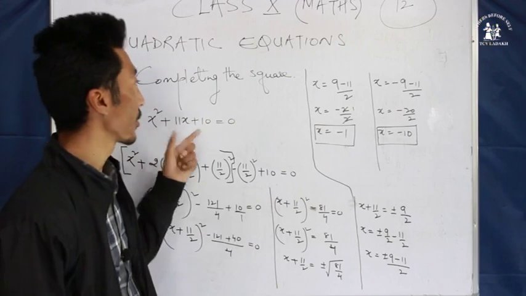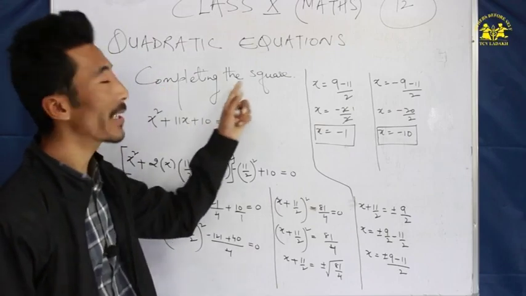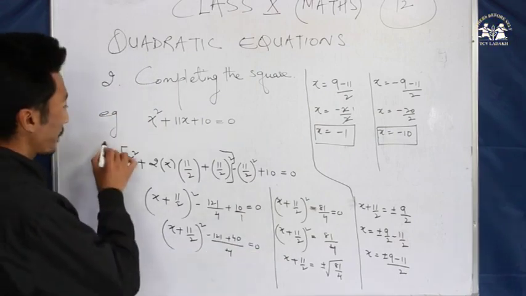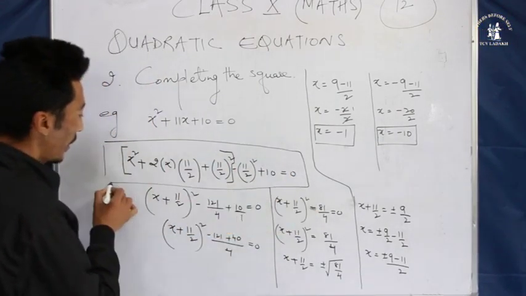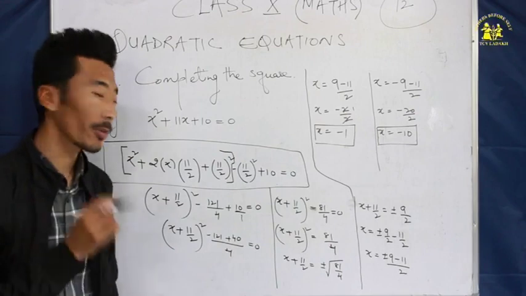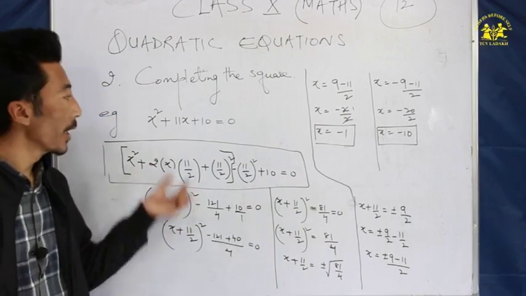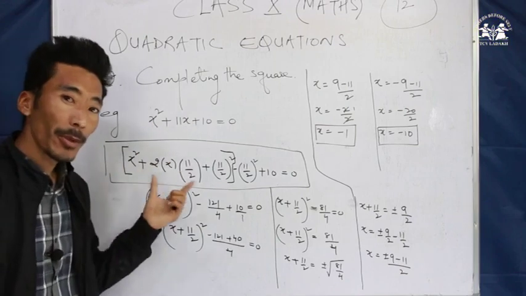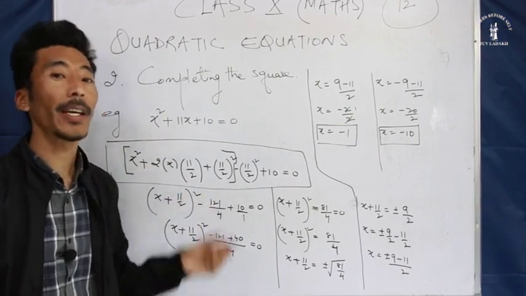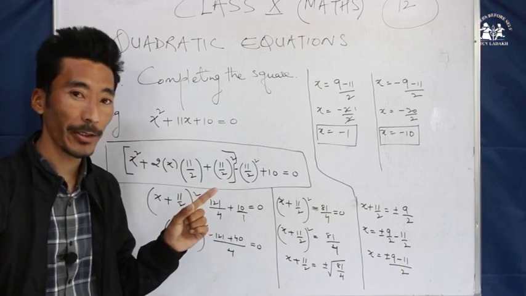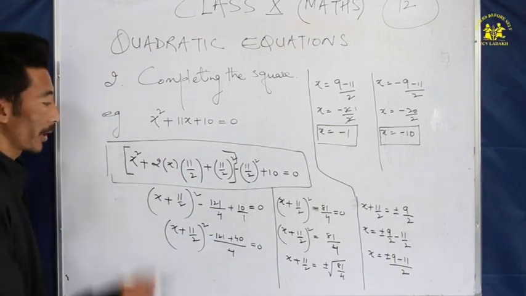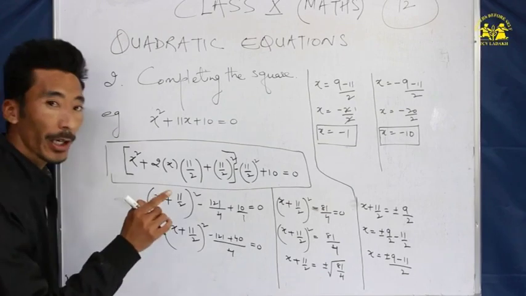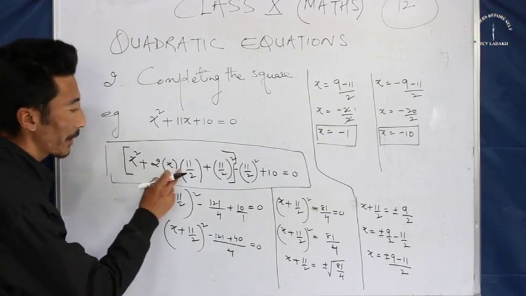In the quadratic equation completing the square method, the most important part is this. Given the quadratic polynomials, a plus b whole square in expanded form is a square plus 2ab plus b square.